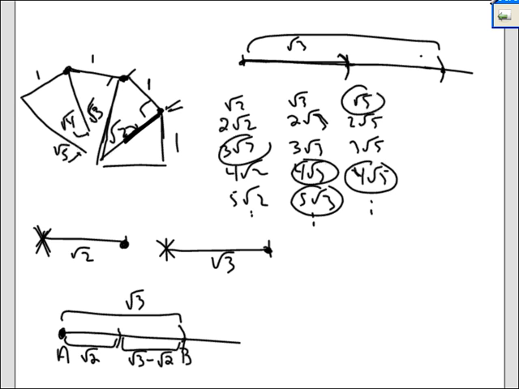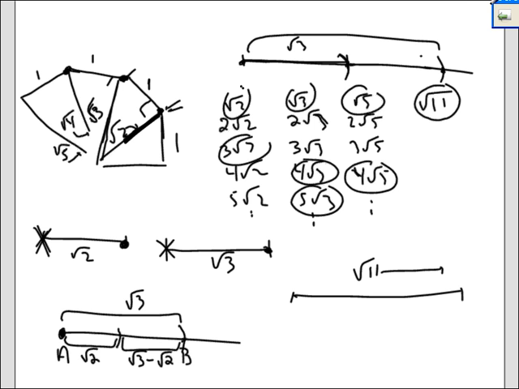In fact, assuming that it's not going to be negative, well, let's make sure. I know I can draw square root of 11. I can draw square root of 11 minus square root of 3 minus square root of 2. How can I do that? Well, I can draw square root of 11.